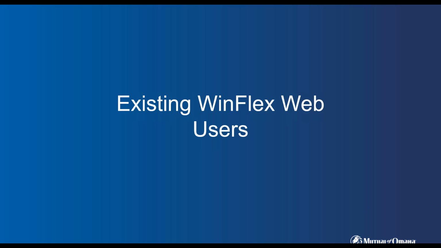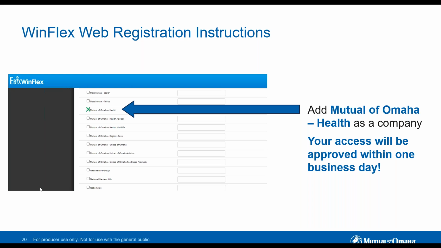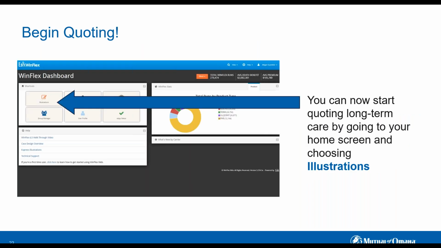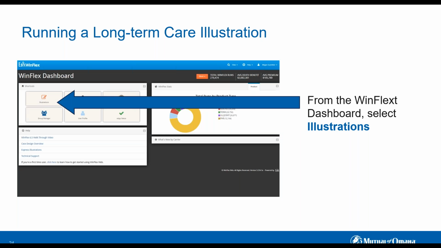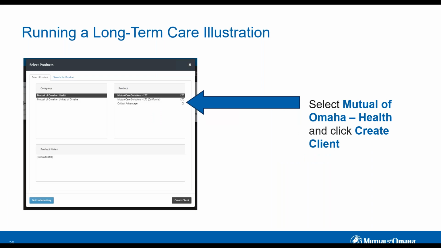You'll click on illustrations. You'll click on start a new case. And then you'll select Mutual of Omaha Health. Now, if you look over here to the right under products, you'll see one that says Mutual Care Solutions Long-Term Care. You'll select this for all states except California.